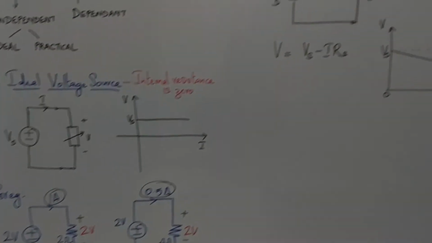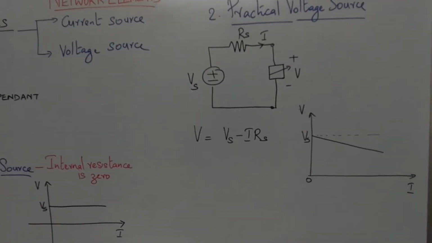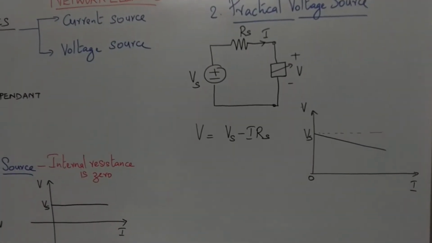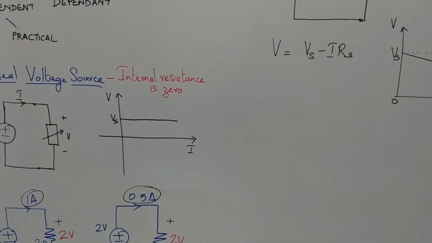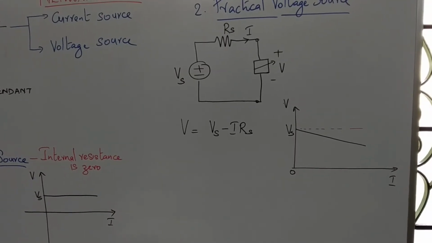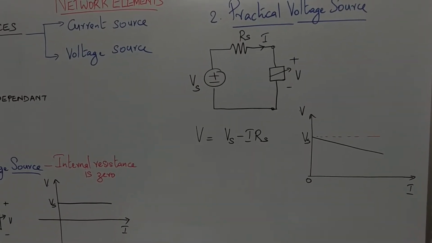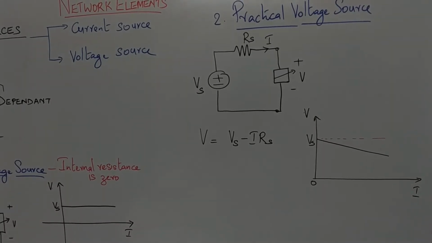But in the case of a practical voltage source, we'll see that it has an internal impedance or internal resistance. In the ideal case, the internal resistance was 0, but when it comes to practical voltage sources, there will be an internal resistance which is shown here as Rs. So now what happened here?